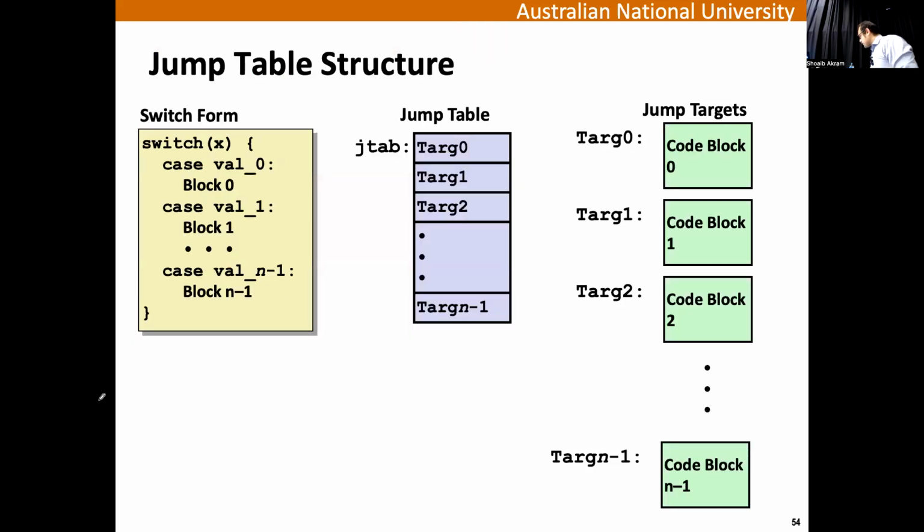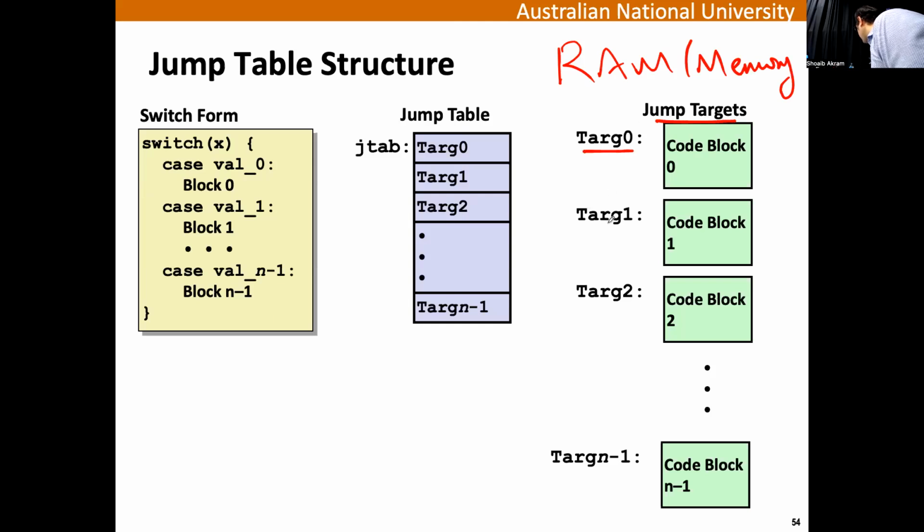All right, so here's our jump table. In memory, this is our RAM, we have all the jump targets. These are the code addresses of the code blocks corresponding to each block in the switch statement.